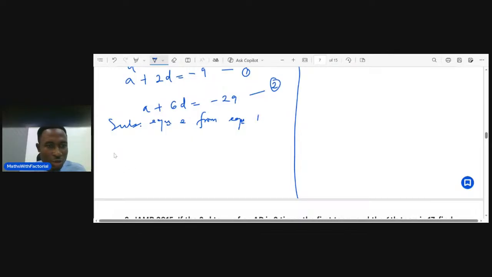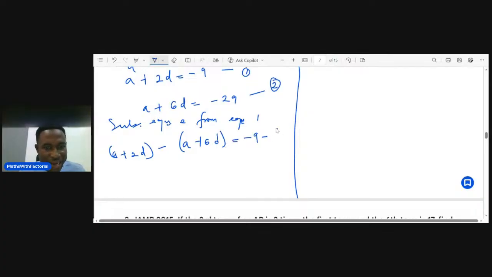So if you subtract equation 2 from equation 1, it will give you a plus 2d minus open bracket a plus 6d equals to what?